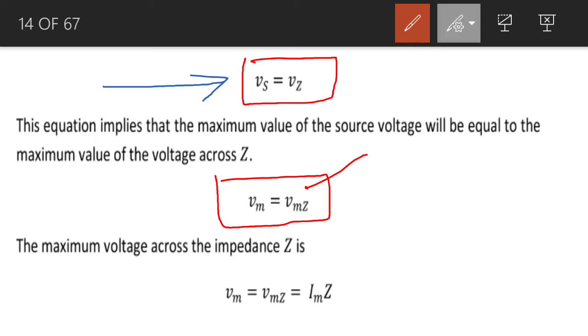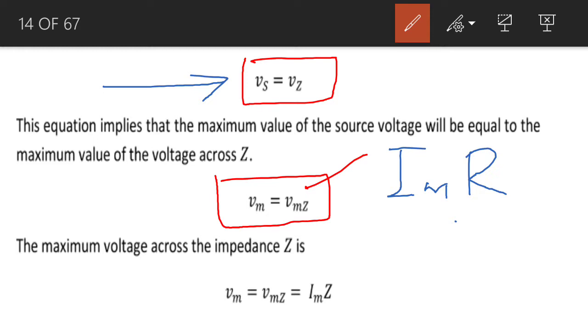We know that the maximum value of the voltage across the resistor is equal to the maximum value of the current into the resistance of the resistor. This is how we calculate the maximum voltage across the resistor.